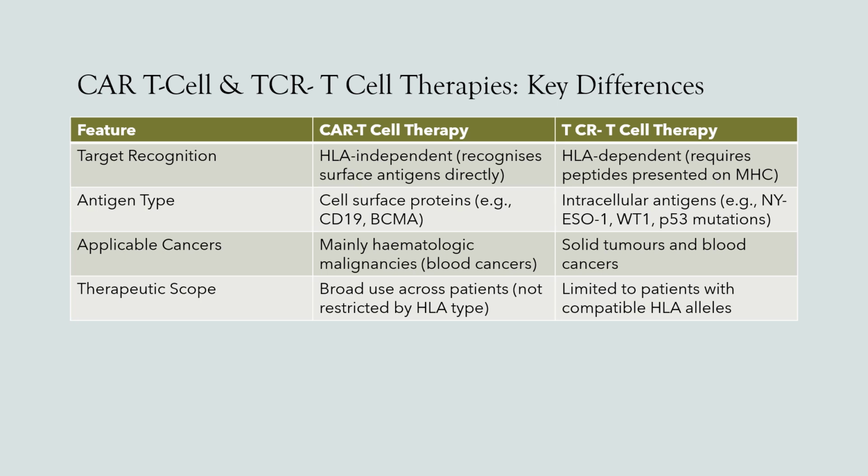The reason for this is that the tumor antigen peptides bind strongly to one specific HLA allele or one molecule, but not necessarily to the others. Because of that, the TCR T therapies are restricted to certain HLA types. And if the patient is not compatible with the treatment, you run the risk of rejection.